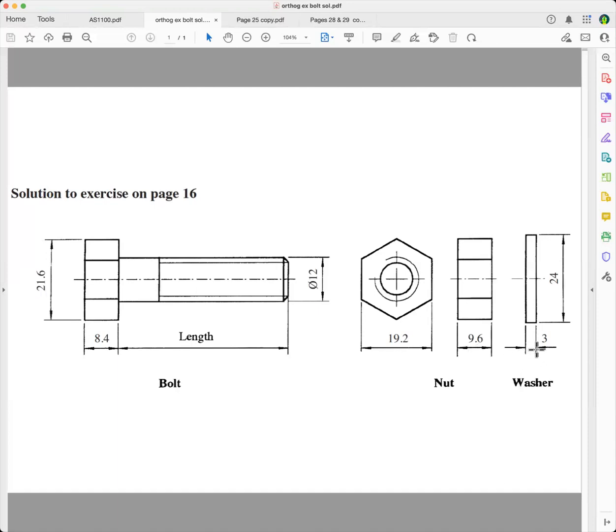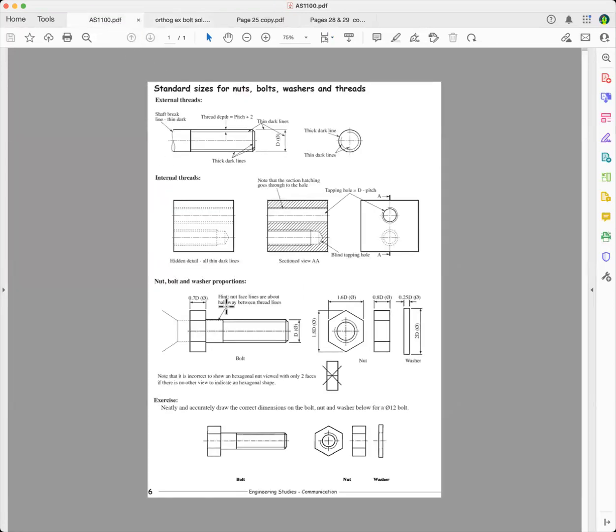And the thickness is a quarter of 12, which is 3, and this is twice the diameter. Okay, and so this works with every size bolt. And as I said, you've got to learn all of this.